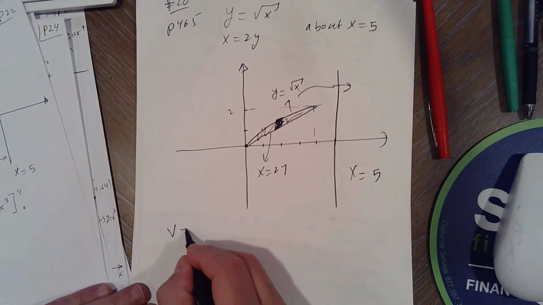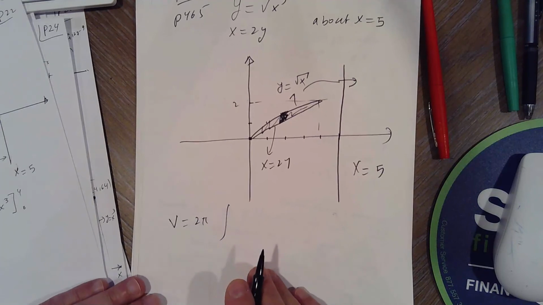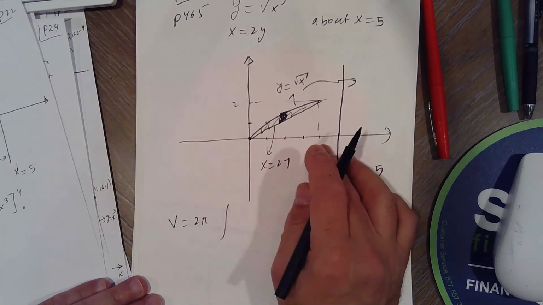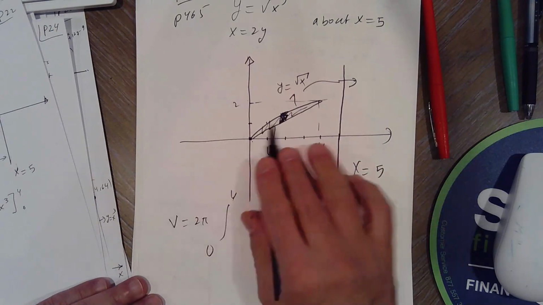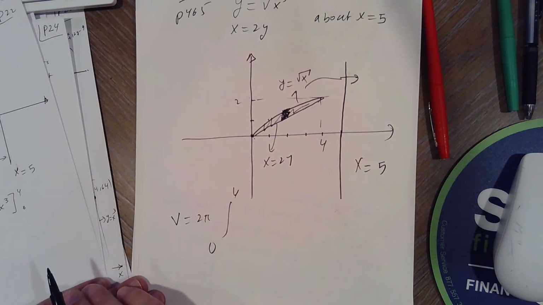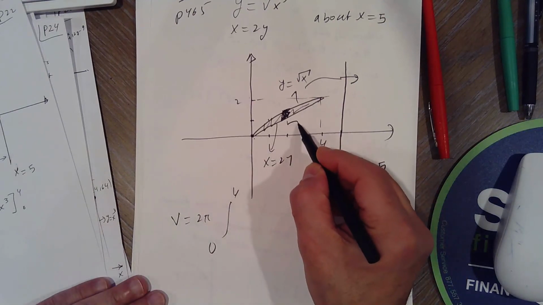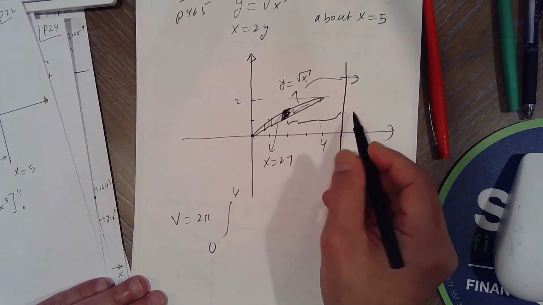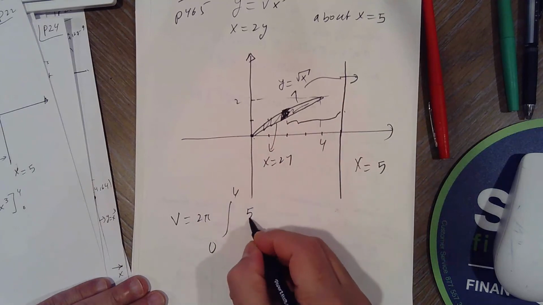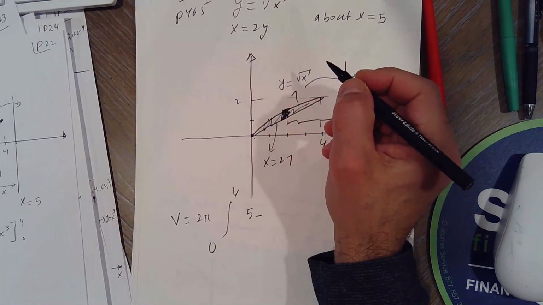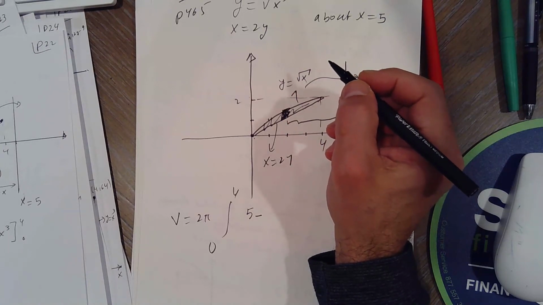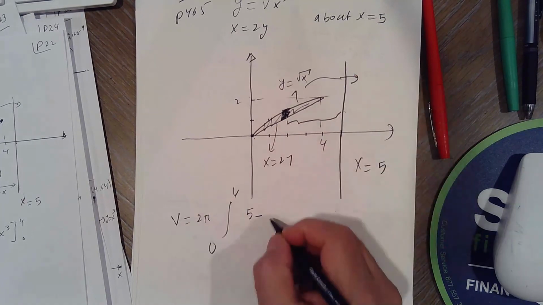So V equals 2 pi integral from 0 to 4, right? From 0 to 4. We're going to cover all this area. And then we want this distance, which is 5 minus x, right?